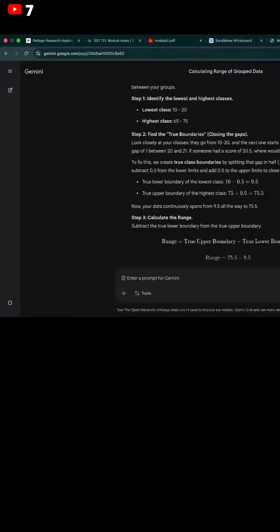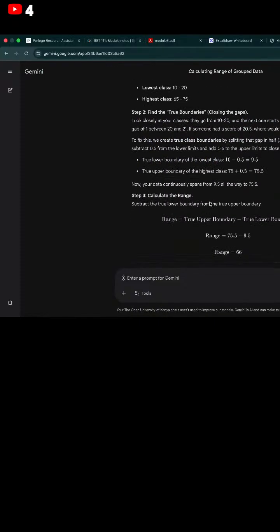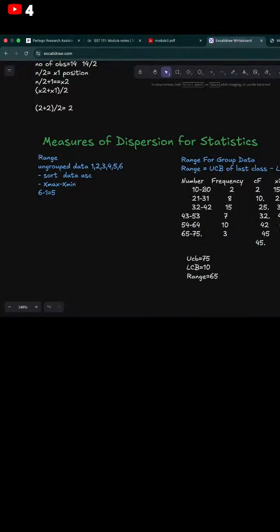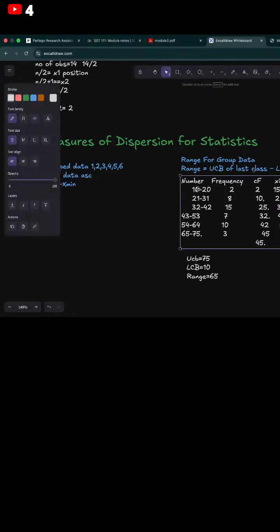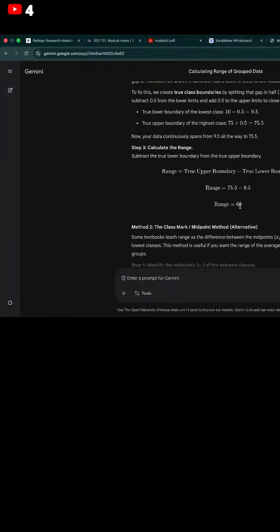So how do we take that gap into consideration? You take your gap and divide it by 2, then you add it on to the lowest value here and the highest value here. So that is how we are able to get 66.